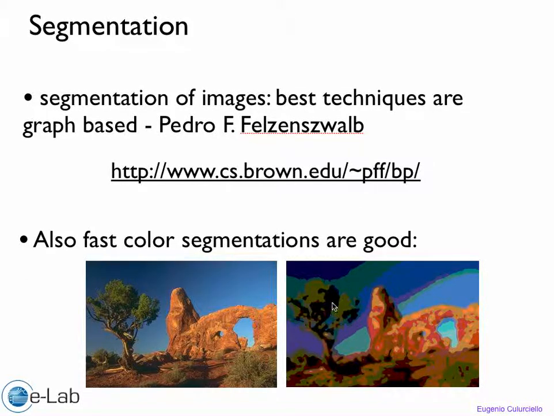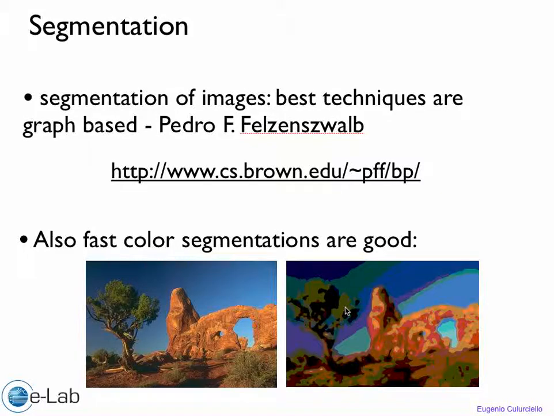This segments a lot of the parts together already. Notice though that the sky, even though it looks fairly uniform in here, gets segmented into multiple parts, because when you do color segmentation you have a big difference between these two. So combining maybe color segmentation with some of these techniques might be the best.